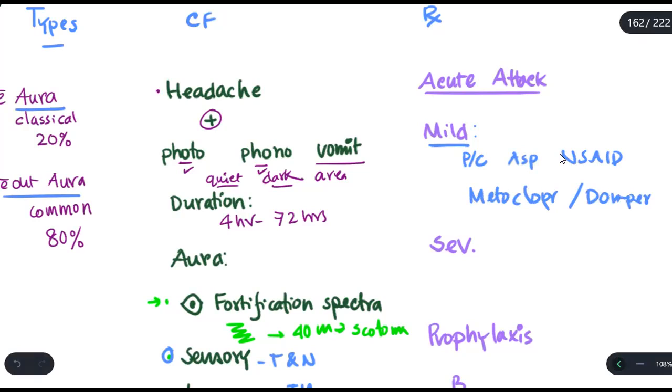And if they fail to control the headache, we can use a 5-hydroxytryptamine agonist, sumatriptan, and that typically aborts most of the migraine headaches. In some cases, we can also use ergotamines.